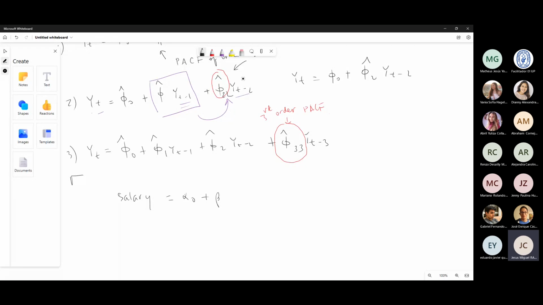It could be a determinant of salary. A driver of the salary. Can you give me an example of a driver of the salary? Consumption. Sorry, I couldn't hear you. Can you repeat?